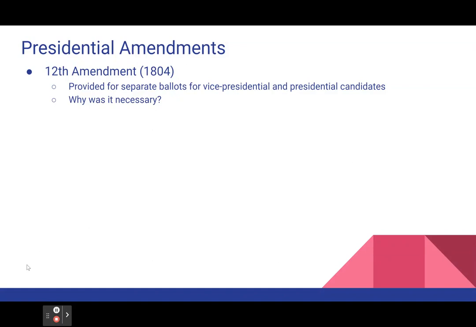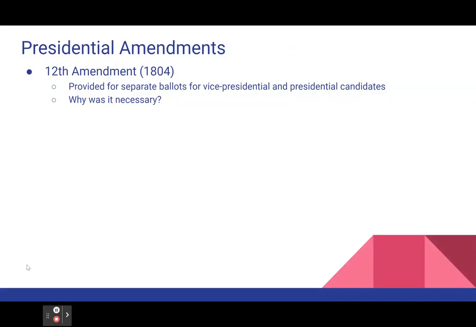But the problem is there was an assumption that everybody was going to stick with that George Washington mentality of we don't need political parties, everybody's going to get along like friends and brothers, political parties are too divisive. Well, that's not happening here.